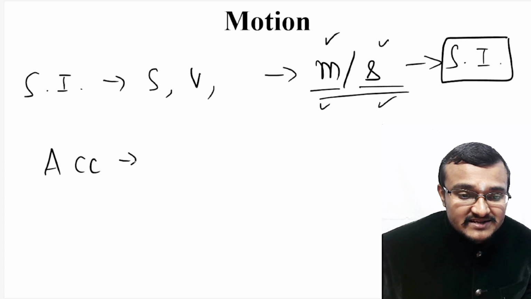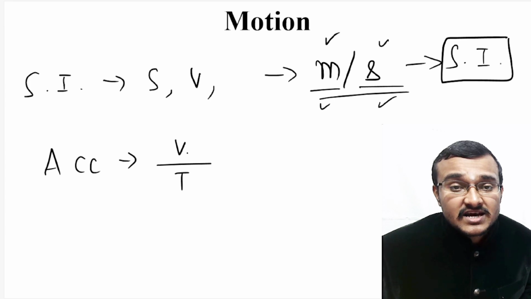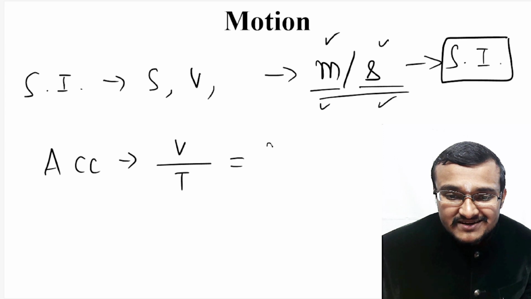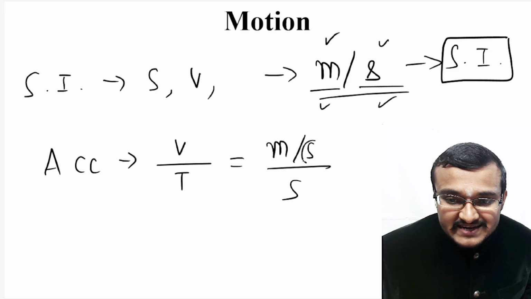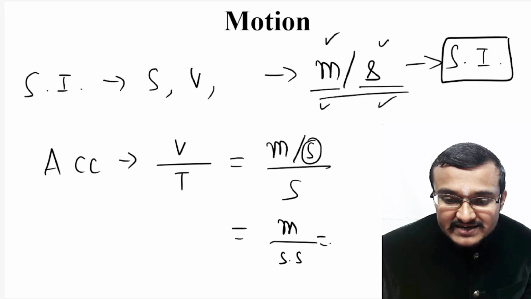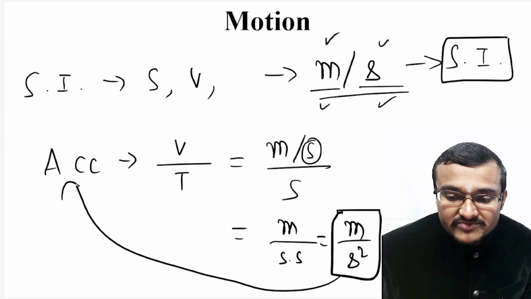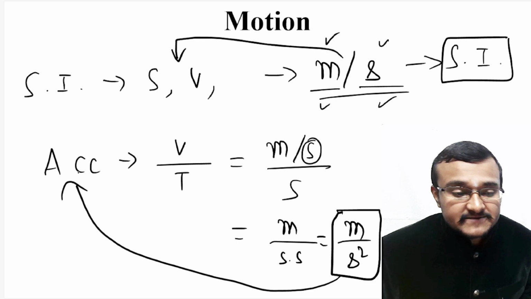Similarly, in acceleration you are considering the rate of change of velocity, that is change in velocity with respect to time. So the SI unit will be meter per second divided by second, so this second will also come to the denominator. So it will be meter by second into second, that is meter per second square. So meter per second square will be the SI unit for acceleration, and meter per second will be the SI unit for speed and velocity.